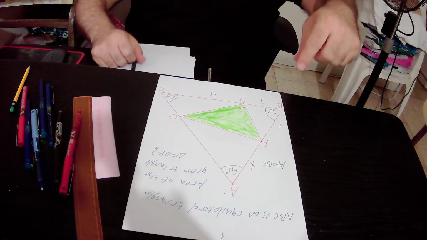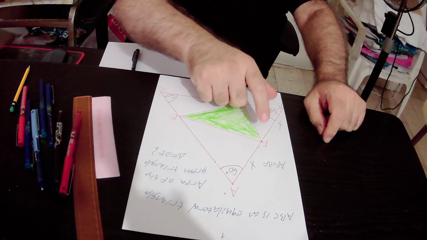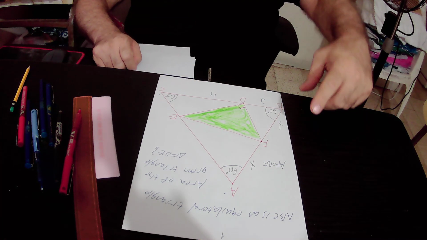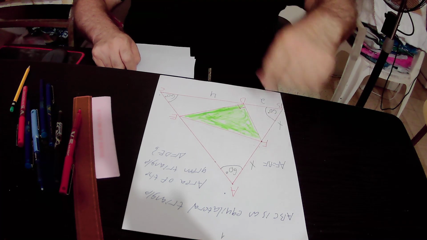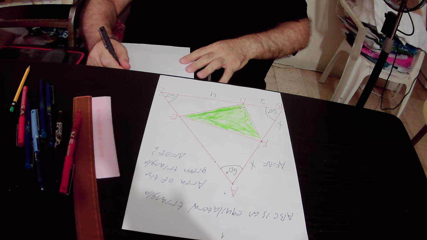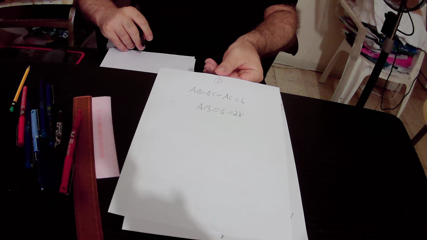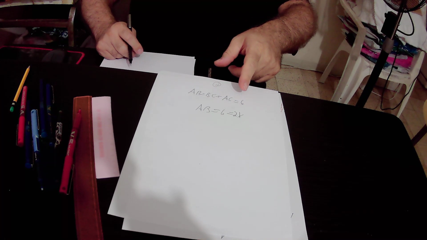That is to say, AB equals AF, that is X, plus BF, that is also X. In other words, AB equals 2X. So we got that AB equals 6 units and also it equals 2X.